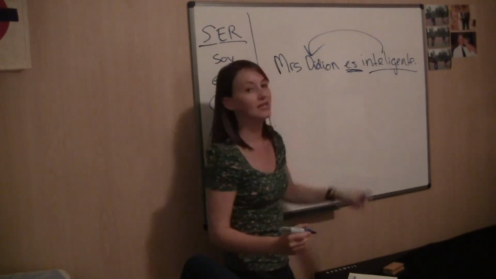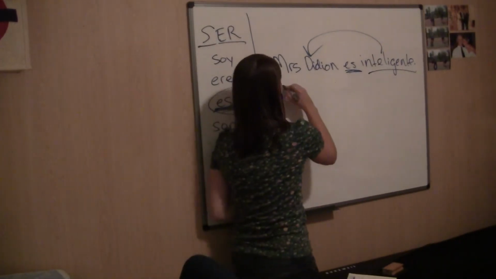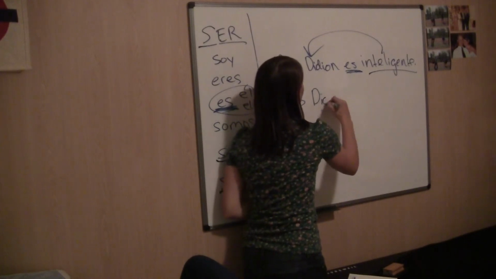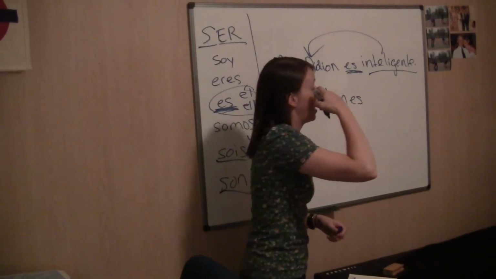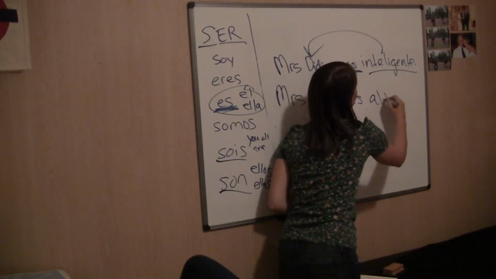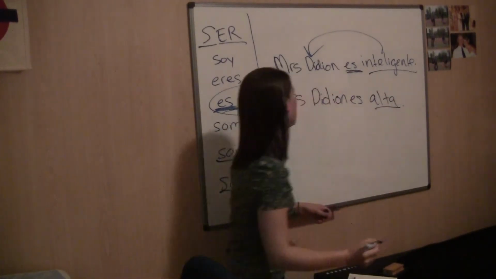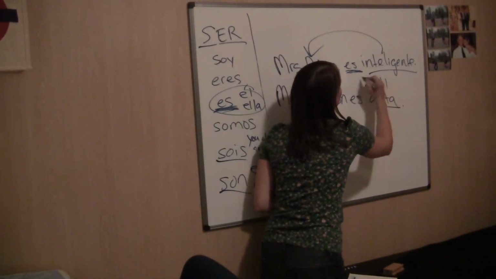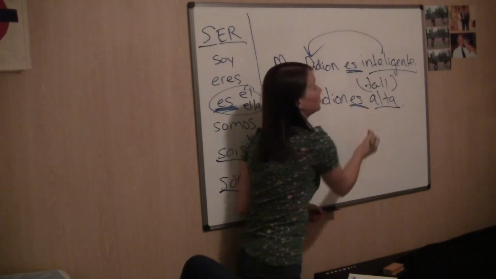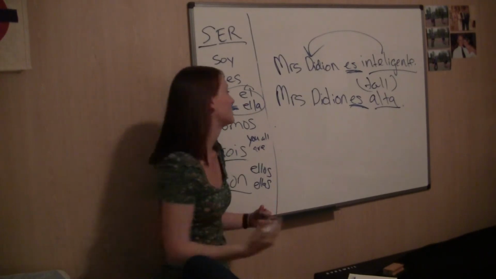Mrs. Didion es inteligente. Intelligent is a quality that describes Mrs. Didion, right? Is intelligent. Mrs. Didion es alta. I don't know if this is really true, but we're going to say it's true. Mrs. Didion es alta. Mrs. Didion is tall, right? Describing her physical characteristic.